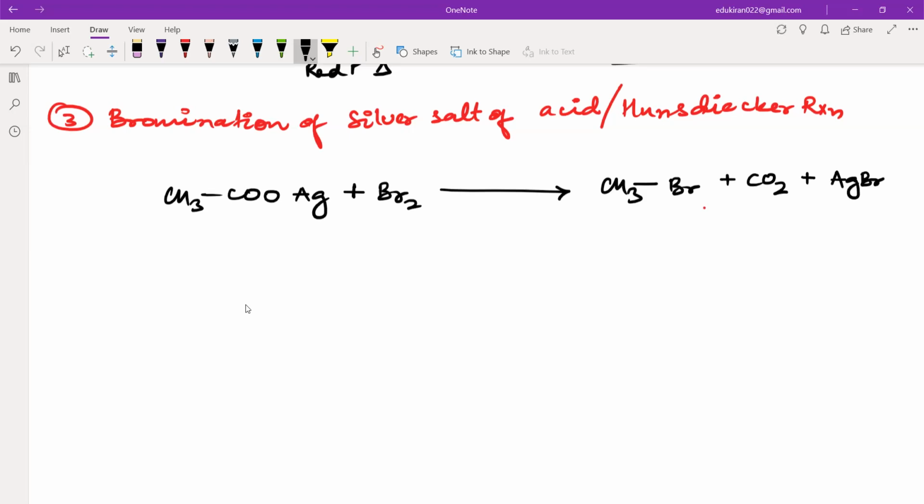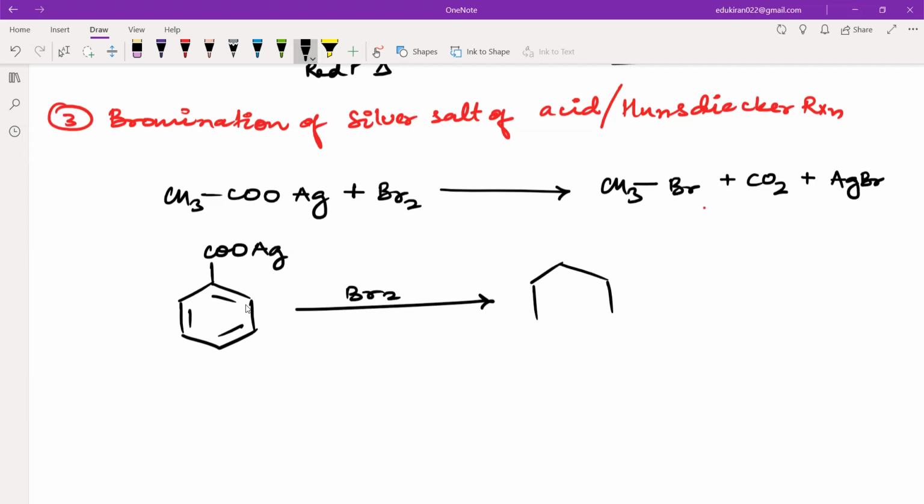The important thing is that it can be used to prepare haloarenes. If you have C6H5COOAg, then treat with Br2, and you're just going to get directly a bromobenzene.